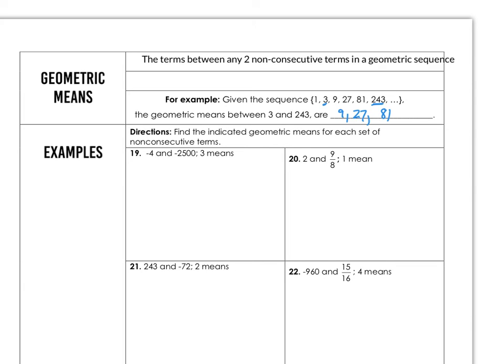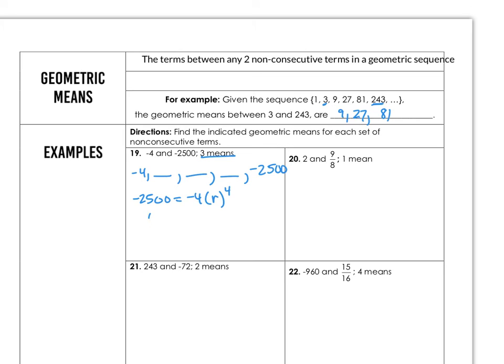So on the examples, number 19, they're asking us to find 3 means in between those two. So I have negative 4, and then I've got 3 blanks, and then negative 2500. So what we have to do is figure out what is r, basically. So I know this negative 2500 would be equal to the first term times r, 4 times, because there's 4 steps there.